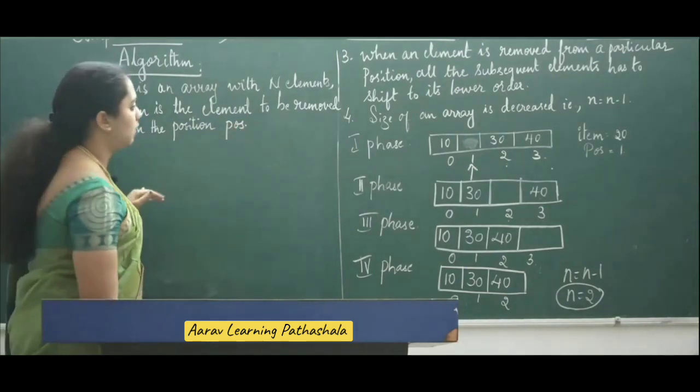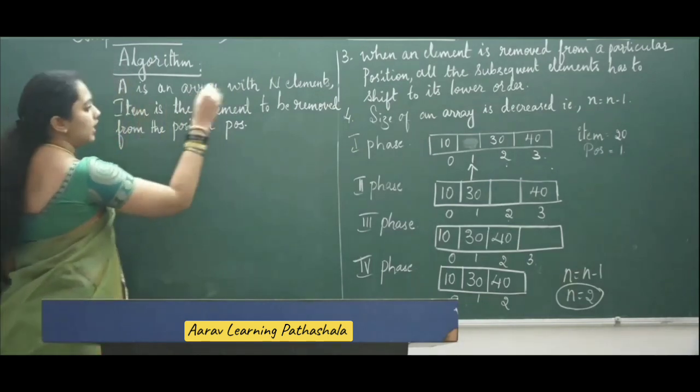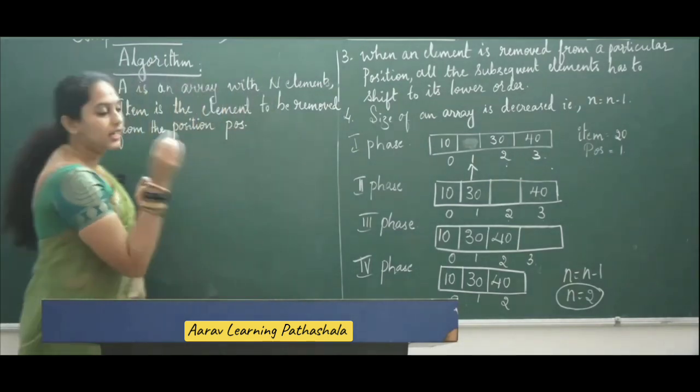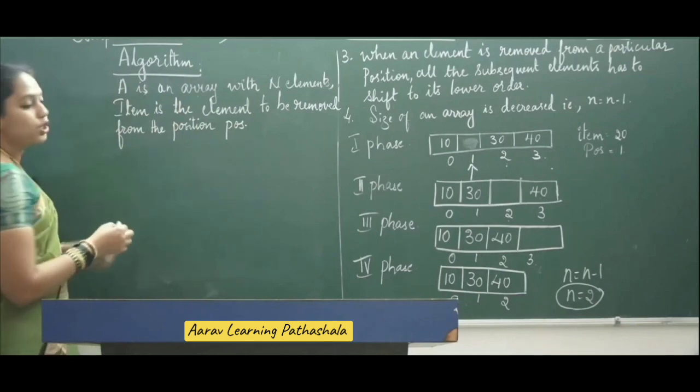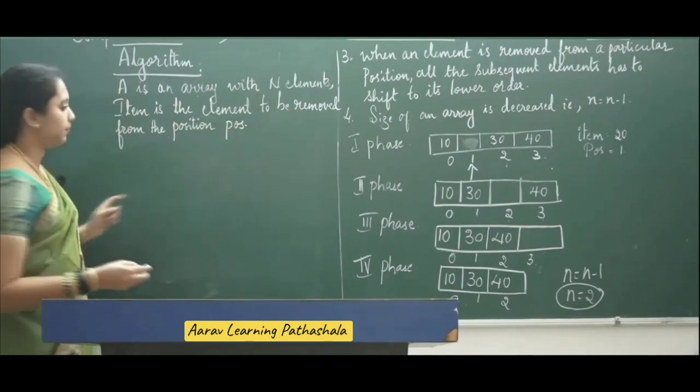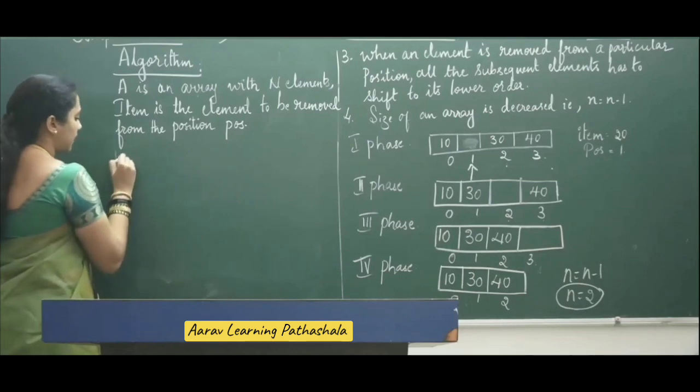So these are the prerequisites. So here A is an array with n elements. An item is the element to be removed from the position POS. So what is the first step?